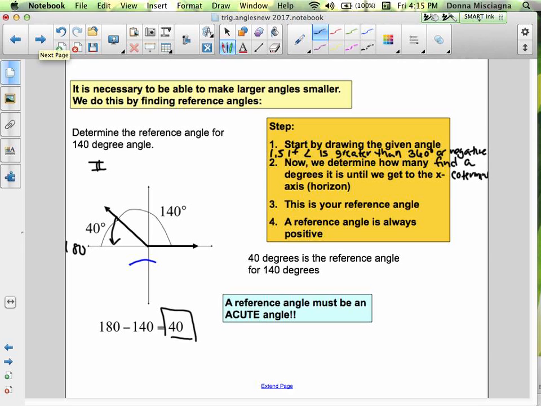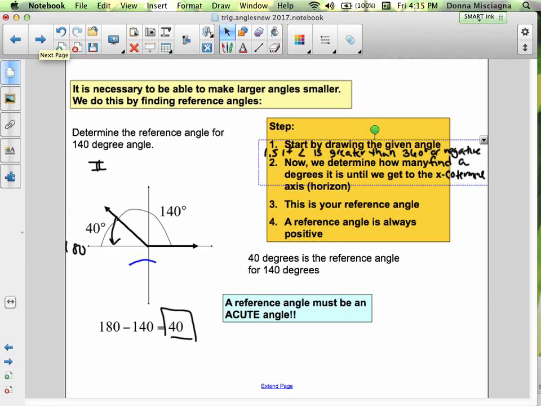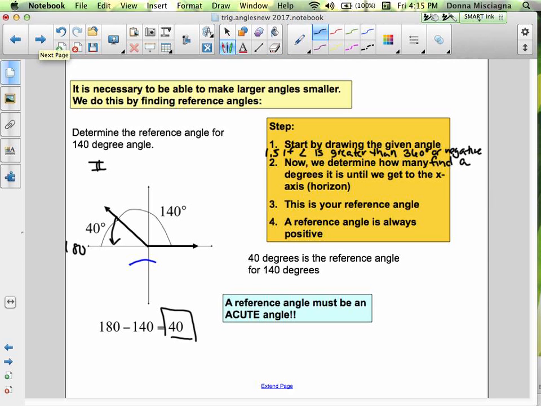Your coterminal angle has to be between 0 and 360. So if we don't have a principal angle to work with, we'll get a coterminal angle.